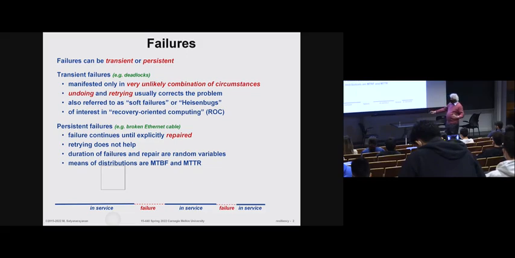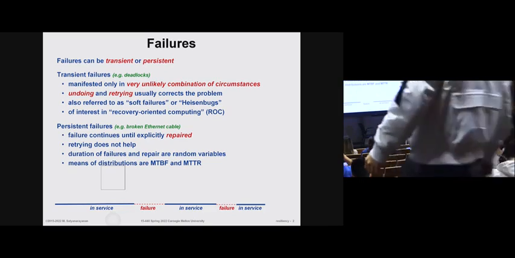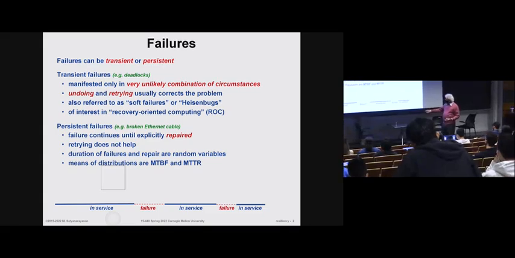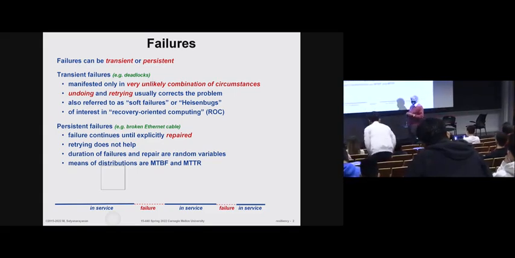So from the blue distribution, I have 3 samples. From the red distribution, I have 2 samples. The assumption is that the kind of phenomena that result in failure are different from the kind of phenomena needed to fix the failure. And so you treat these as 2 different random distributions.